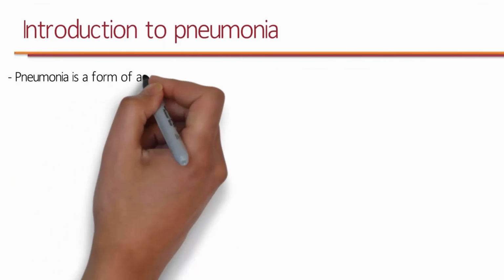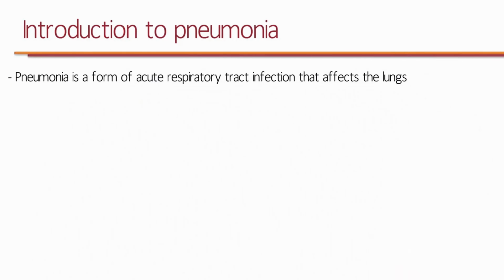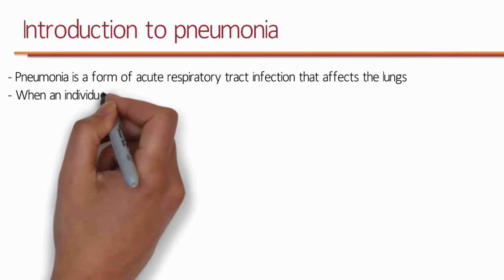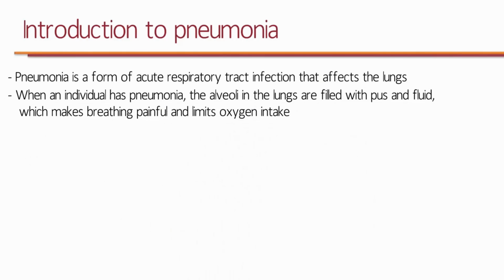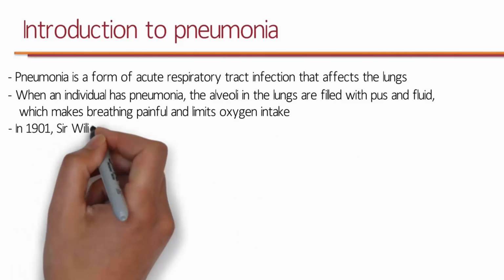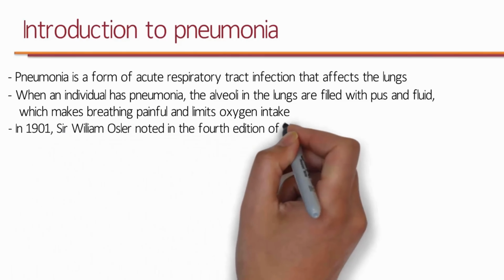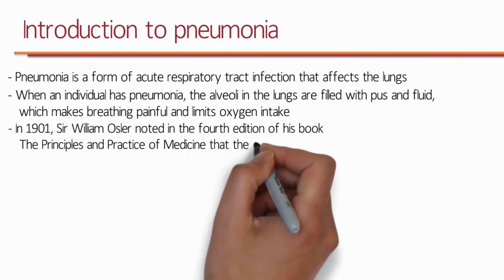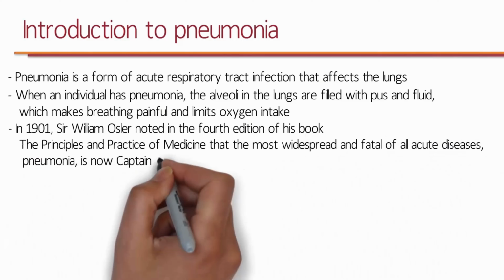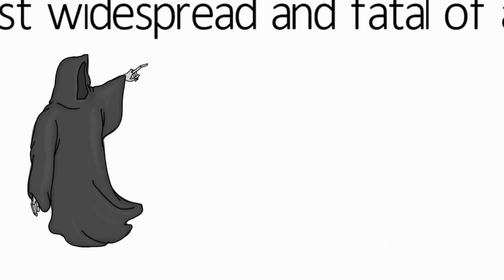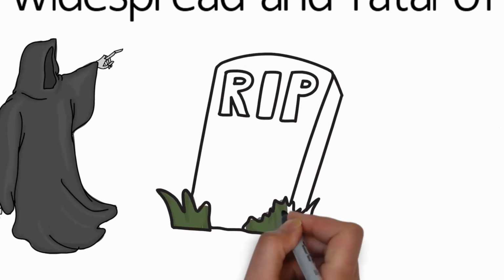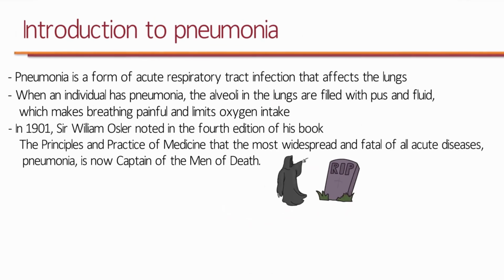Pneumonia is a form of acute respiratory tract infection that affects the lungs. When an individual has pneumonia, the alveoli in the lungs are filled with pus and fluid, which makes breathing painful and limits oxygen intake. In 1901, Sir William Osler noted in the 4th edition of his book, The Principles and Practice of Medicine, that the most widespread and fatal of all acute diseases, pneumonia, is now captain of the men of death.